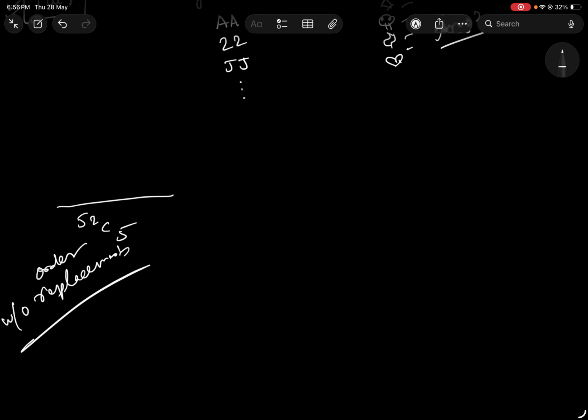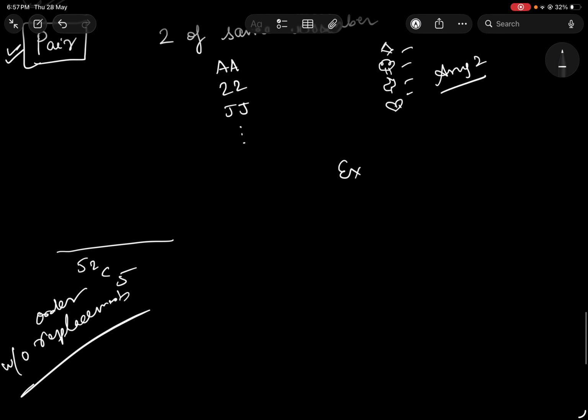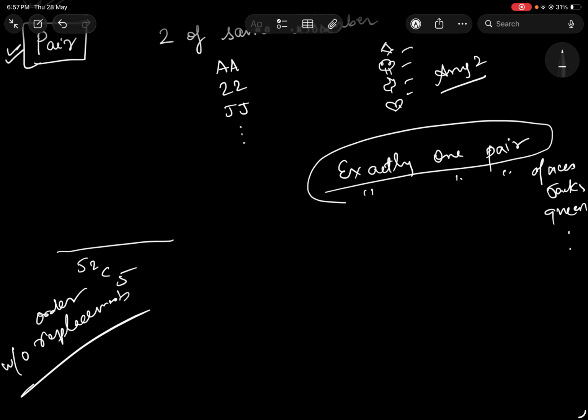So one card can come once. It's not that you're taking one card, putting it back, and you can get it again. Okay. Now, let us look at this. So we want exactly 1 pair, right? That's the question. So exactly 1 pair of aces, or 1 pair of jacks, or 1 pair of queens, like that. And by exactly 1 pair, I mean it's not at least 1 pair or at most 1 pair or something like that.